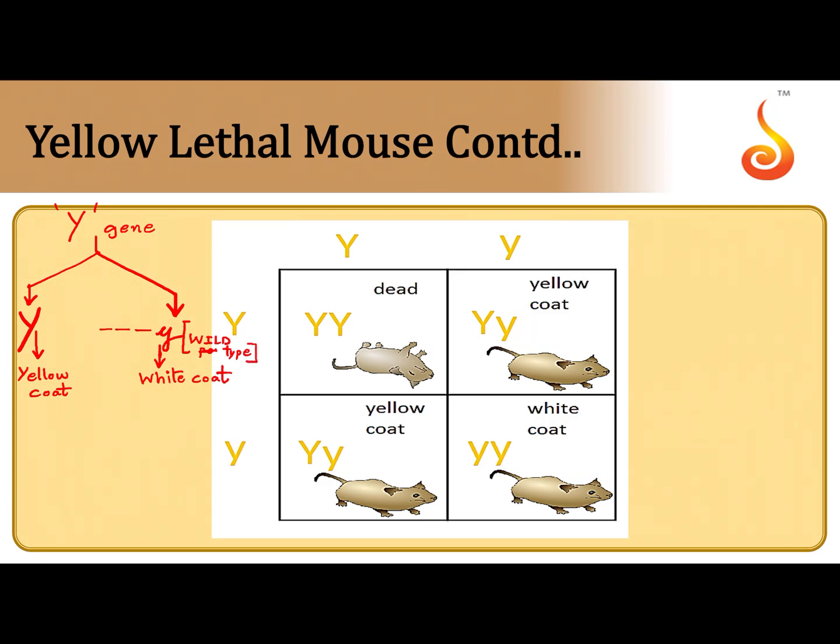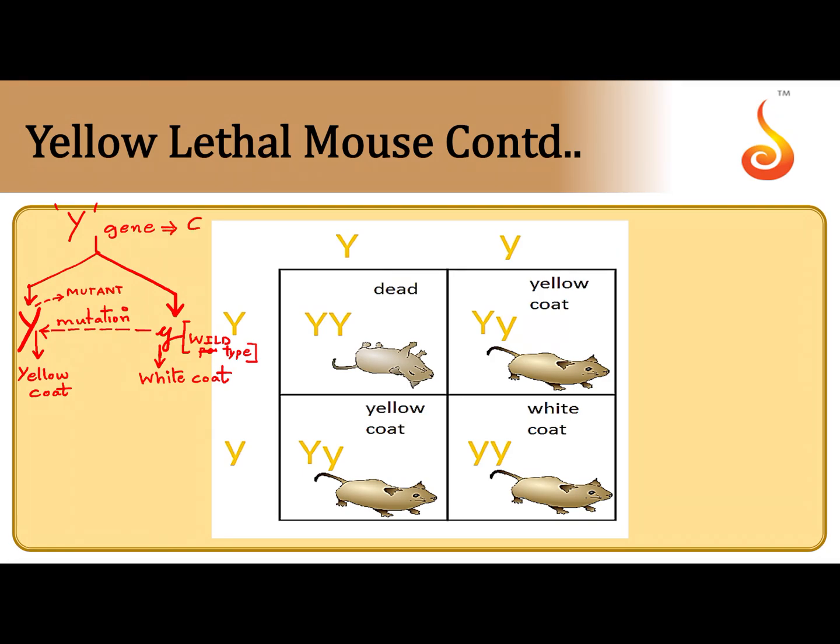Scientists are of the opinion that this small y allele became a capital Y allele by a possible mutation. So we can consider the capital Y allele to be a mutant form.